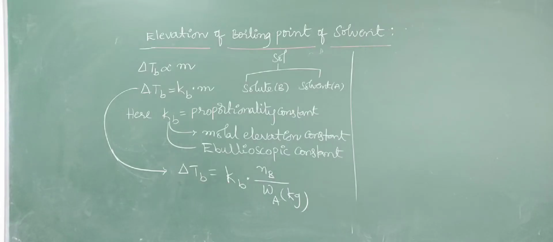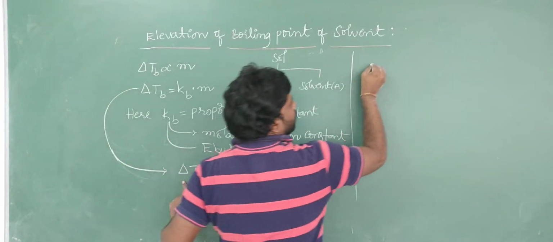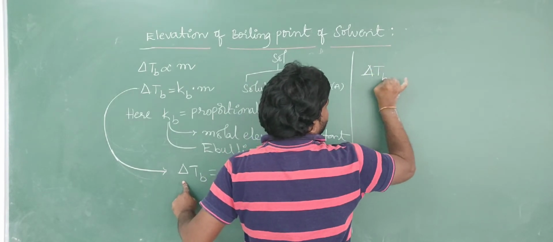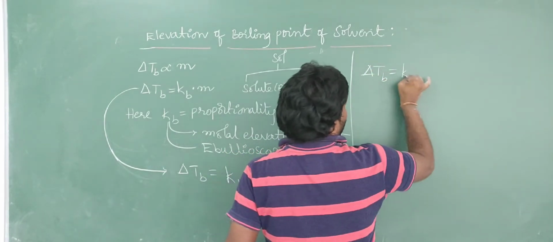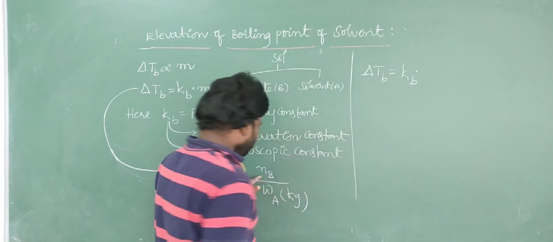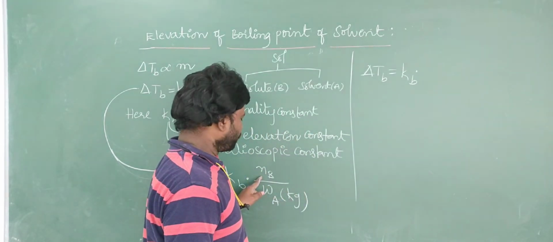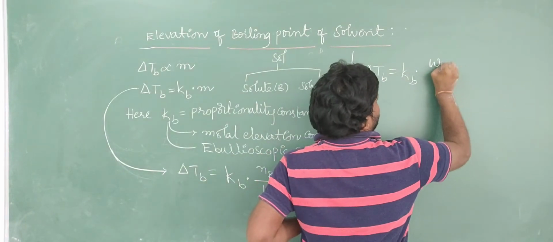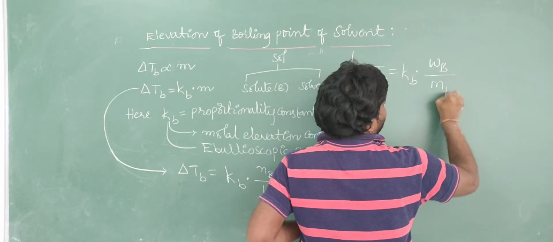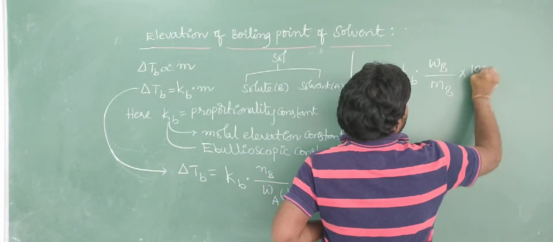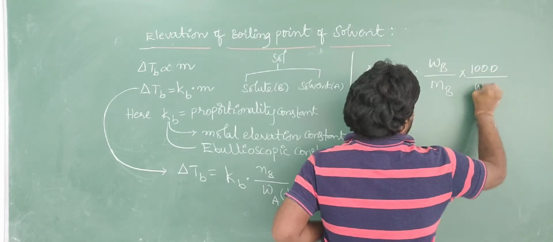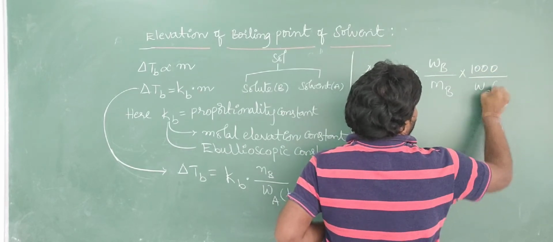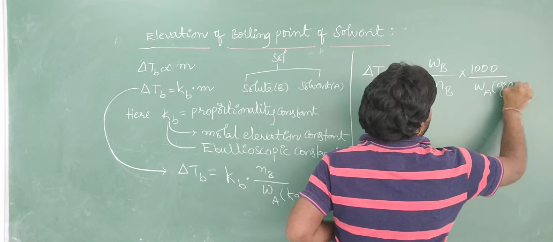Now delta TB is equal to Kb into nB, which converts into the weight of the solute by molecular weight of solute, into 1000 by weight of solvent in grams.